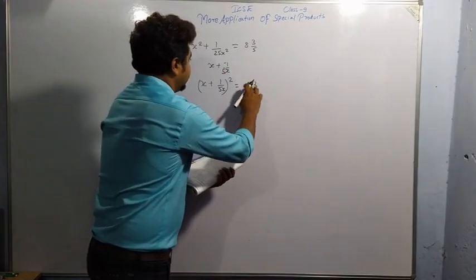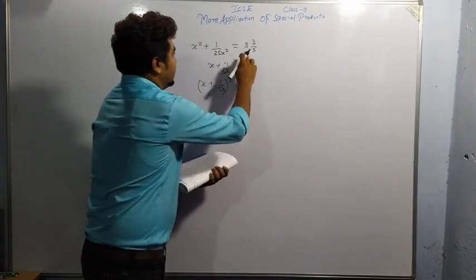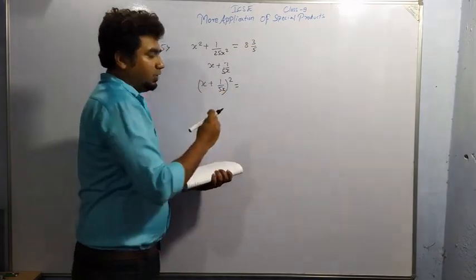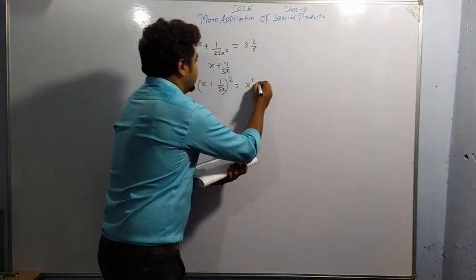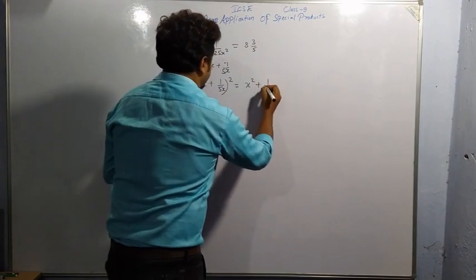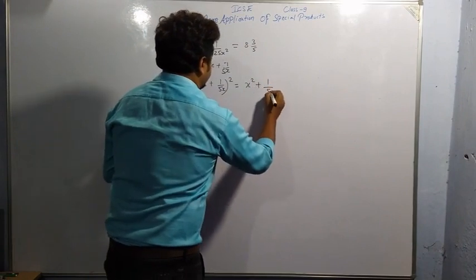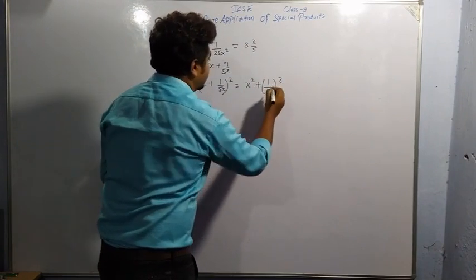We can write x plus 1 by 5x whole square is equal to x square plus 1 by 5x whole square, a square plus b square.